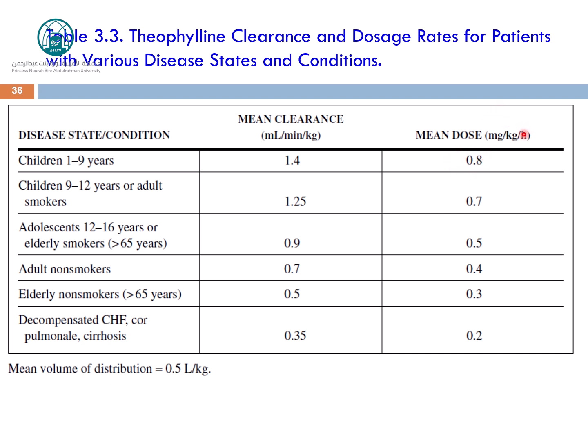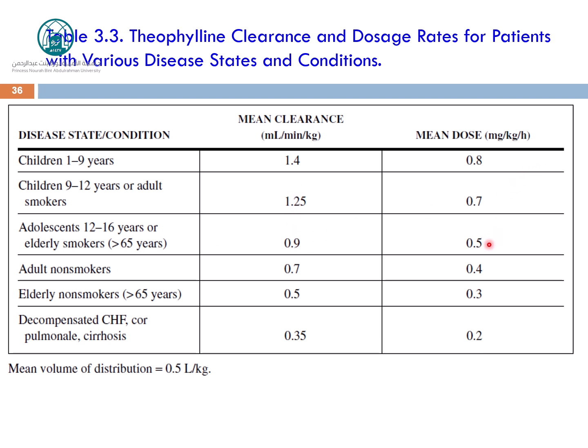Okay, look at these values for children 9 to 12 years old and adult smokers. The mean clearance has been reduced for smokers, so the mean dose is reduced. For adolescents and elderly smokers, the clearance is also reduced, and the mean dose is reduced to 0.5.